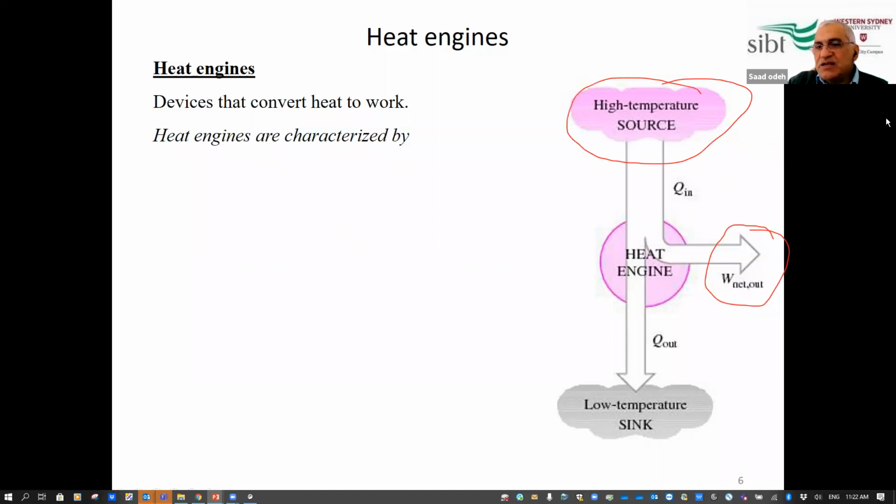For example, Abdulaziz? What's the heat source in the vehicle or the car engine? From where do we get the heat? From the combustion of the petrol. Yeah, correct, from the combustion.